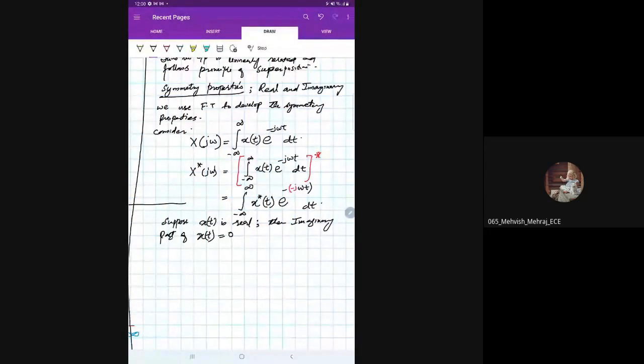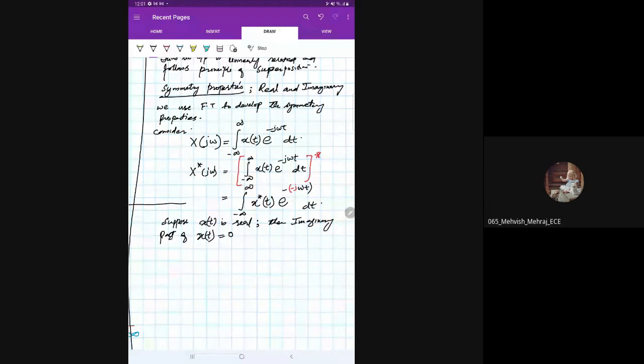In a plus j b, if the number is real, then j b is 0, or b is 0, so the number will be equal to a. There is no imaginary part. So if x of t is real, then the imaginary part of x of t is 0.